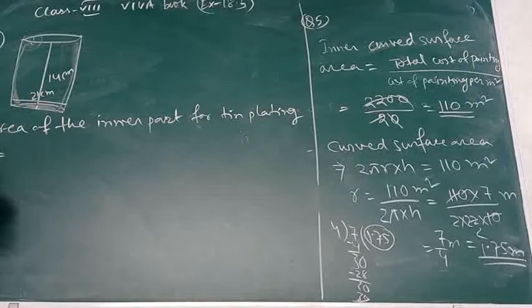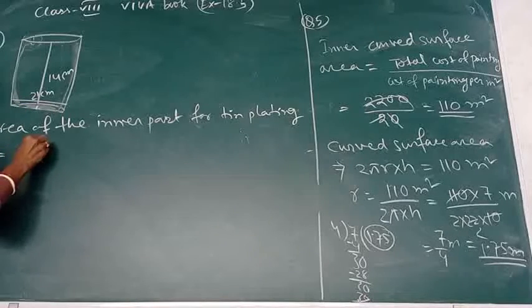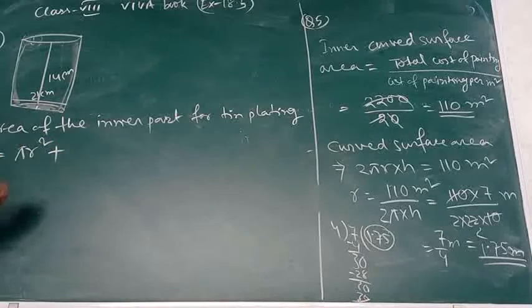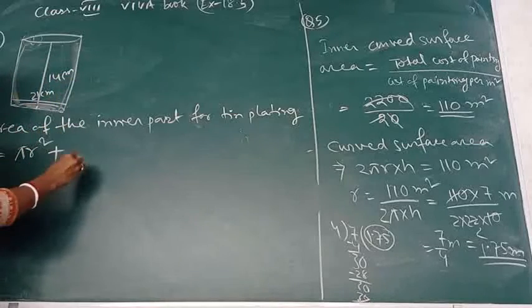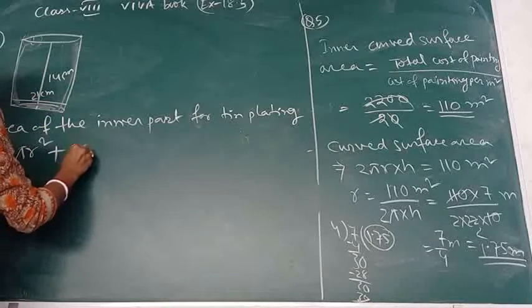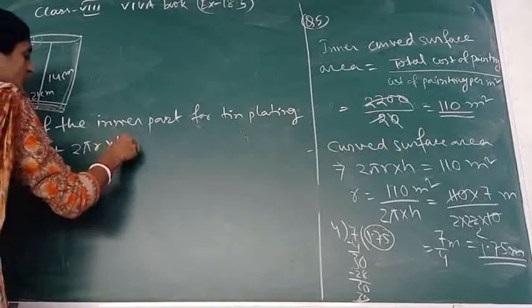First I will take the base. For the base what will I take? Pi r square, the base only. Then with that I will take the curved surface. So that is equal to 2 pi r into h.